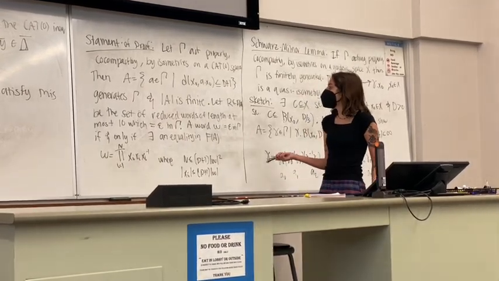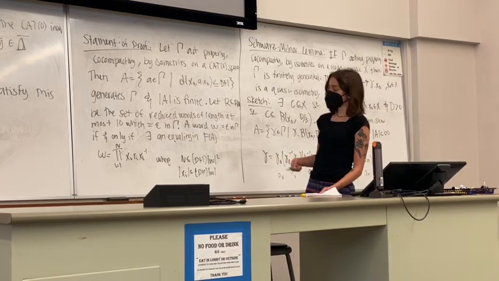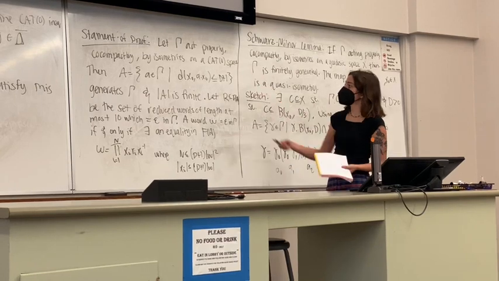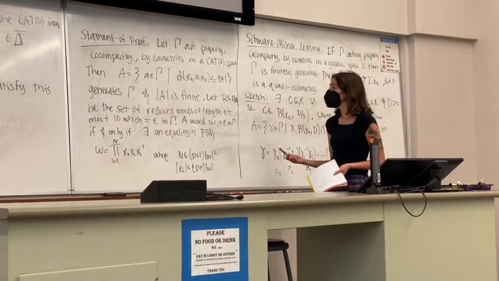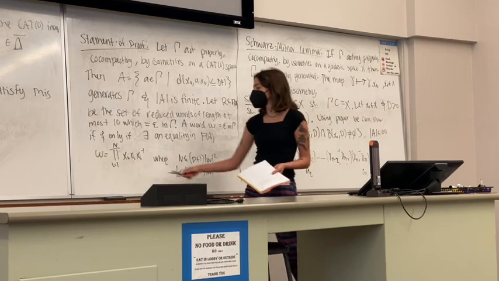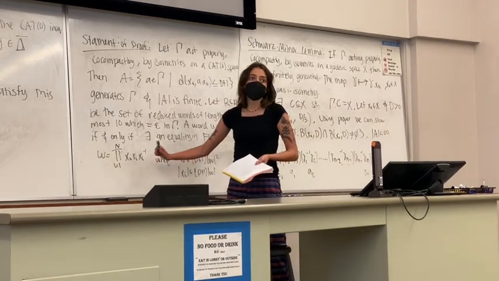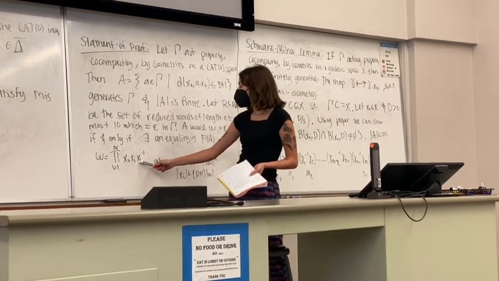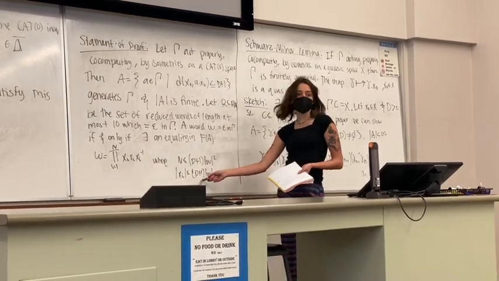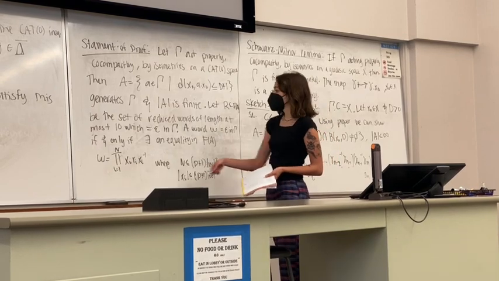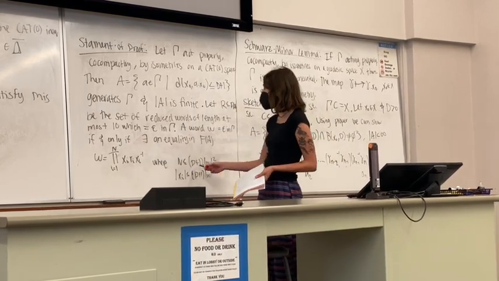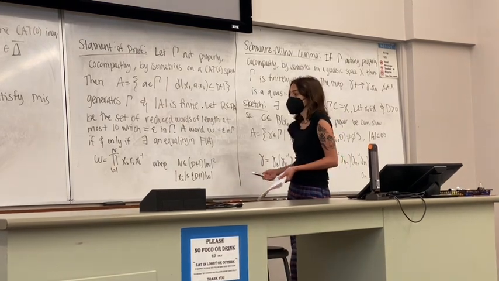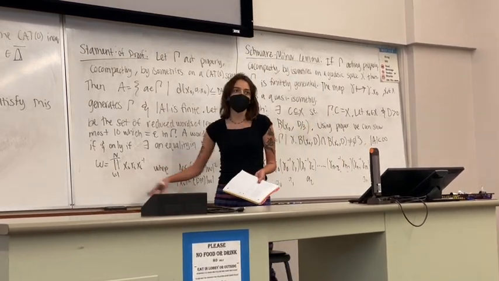And so, solving the word problem for groups which act properly, co-compactly, and by isometries on a CAT(0) space just boils down to finding all products of conjugates of relators, where the relators are less than length 10, these x_i's are less than d plus 1 times the word length, and we have a finite number of products bounded by d plus 1 times the word length squared. So all we have to do is check every single one.